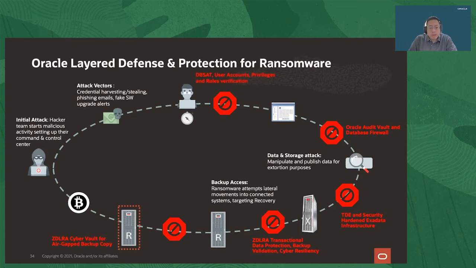On the user account side, privileges and roles can be verified in an automated fashion. DBSAT is a great tool to run to ensure that, from the database to the server to the storage, you do have all these accounts set up properly. So these are all prevention and detection on the database side.